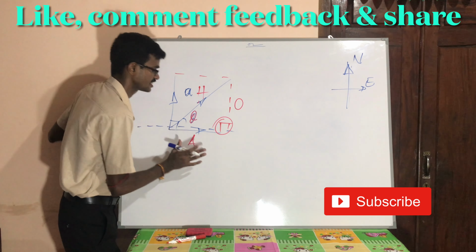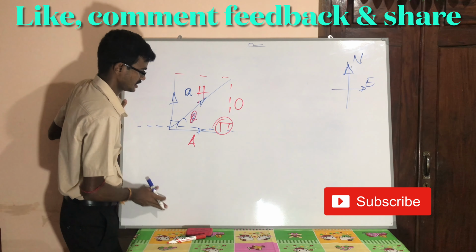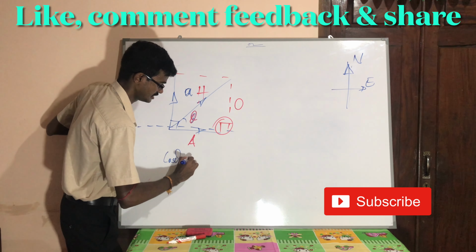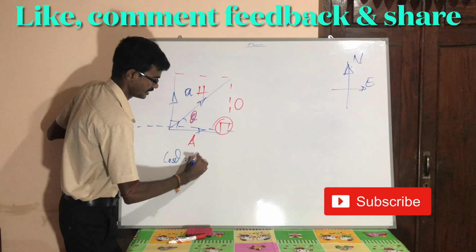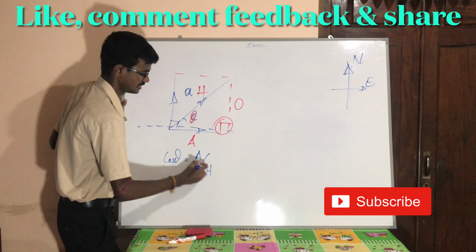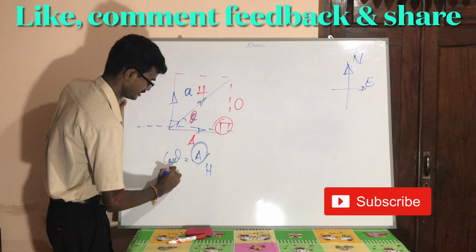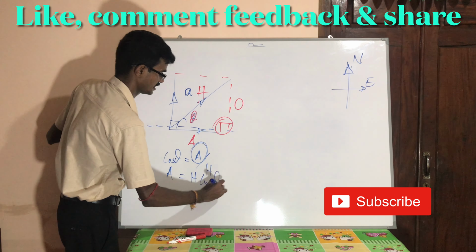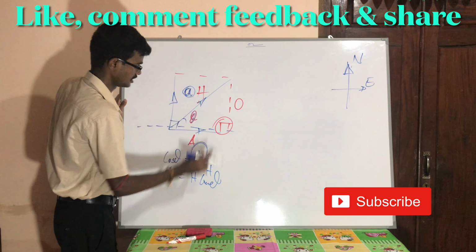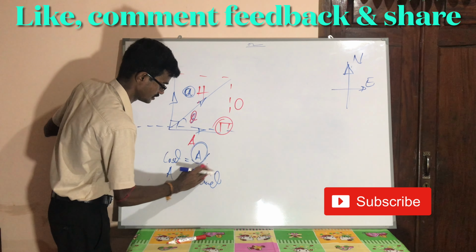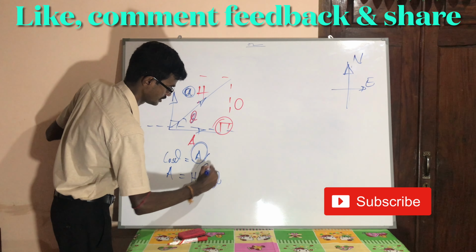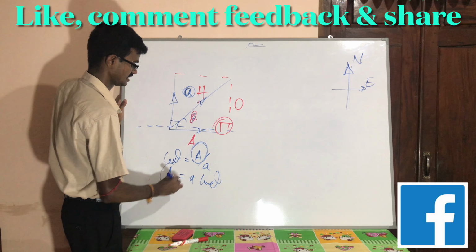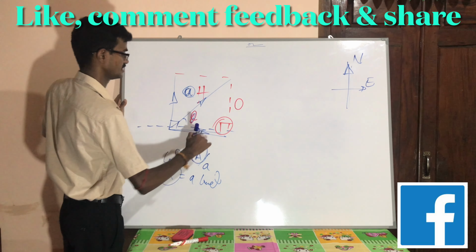What will be the trigonometric relationship? Yes, absolutely. If I write cos theta, adjacent a divided by H. If I take this a, H cos theta. Sorry, I should replace with small a cos theta. This will be this vector.